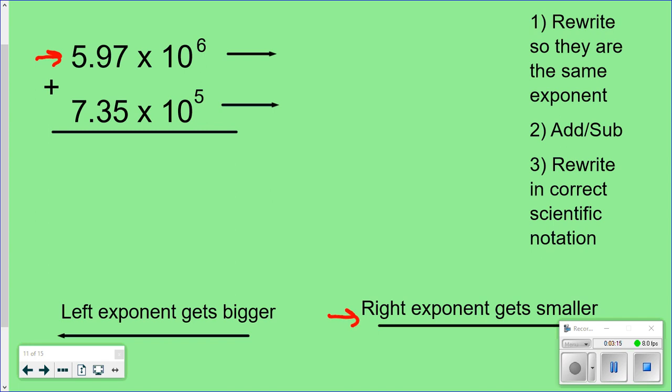If I move it 1 to the right, this is what it will look like. No, to the right. What am I doing? That's to the left. Okay. I moved it 1 to the right. Now I don't have to do anything with this one. This can stay the same.